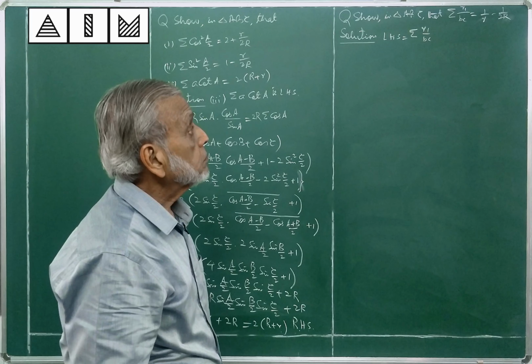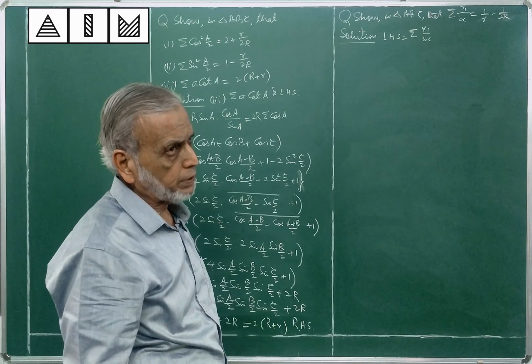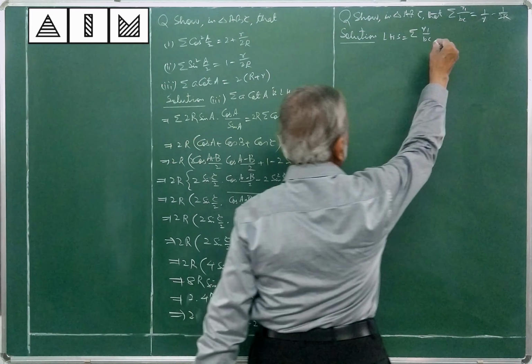Another question: sigma r1 by bc is equal to 1 by R minus 1 by 2R, we have to prove. I have started the left hand side, please see carefully.